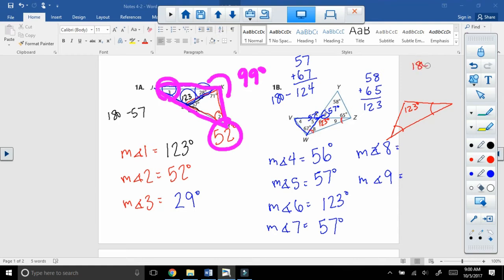If I take 180 minus 123, that gets me 57. What I can do from that is divide that by 2, because these 2 are going to be the same angle measure. So that would make each of those, for 8 and 9, 28.5 degrees.